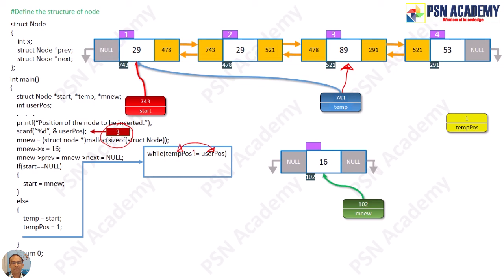If it does not match, then we will move the temp pointer further, and again check whether the new position of the temp is matching with the user's position or not. So this while loop will run until the temp pose is equal to user pose. Okay?